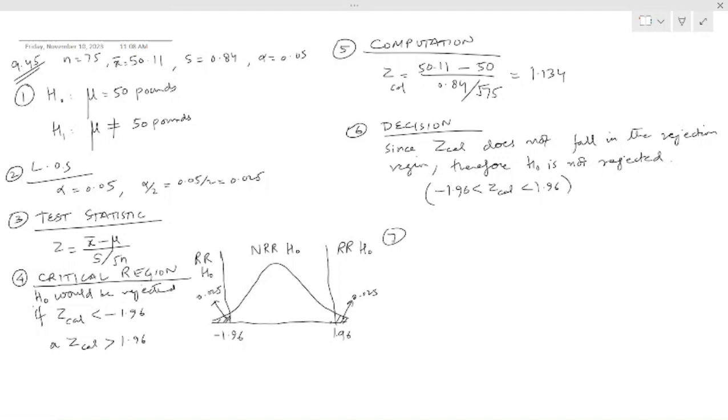Now we write down the decision as step number 6, conclusion as step number 7. Same as before, we start with the same words.